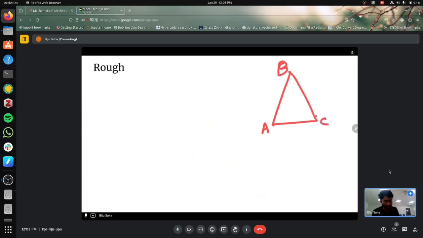These are the three vertices of the triangle, and let us connect the midpoints. Just connect the midpoints, and this time we have to check whether this claim about PQ is true or not.